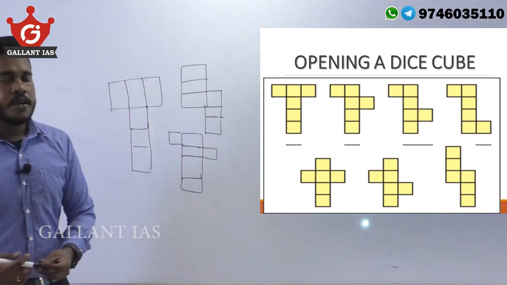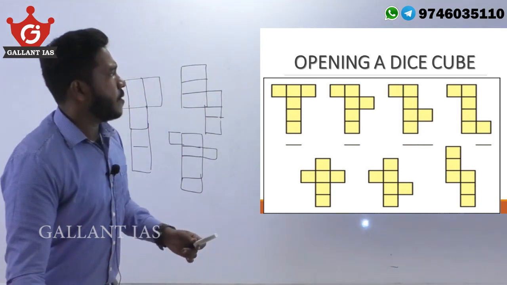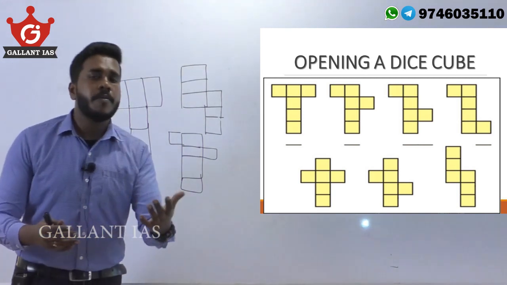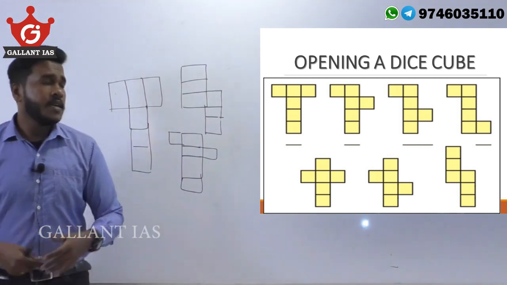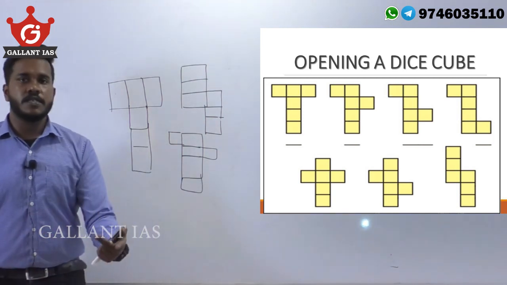Got it? Now, in order to do the basic problems based on opening of a dice cube, you need to know some properties shared by all these formats. So we are going to deal with those properties.